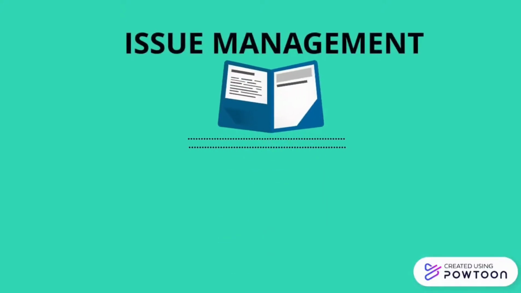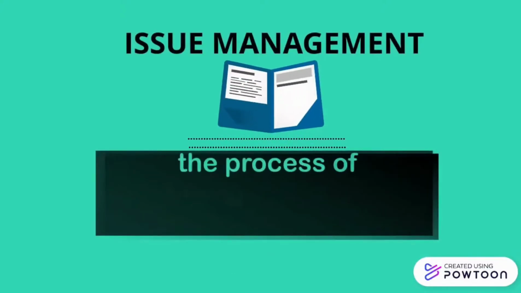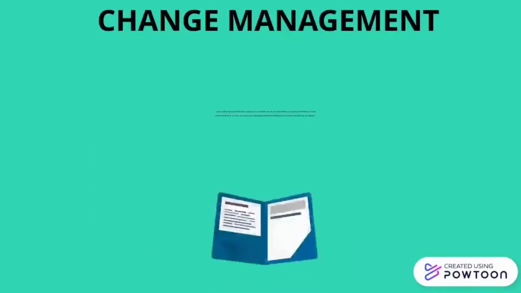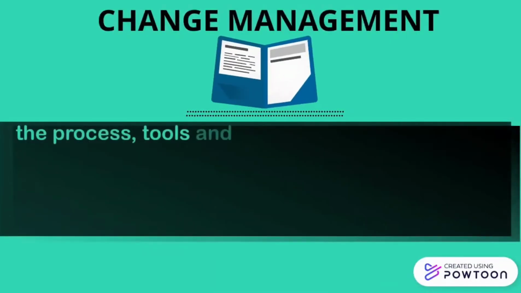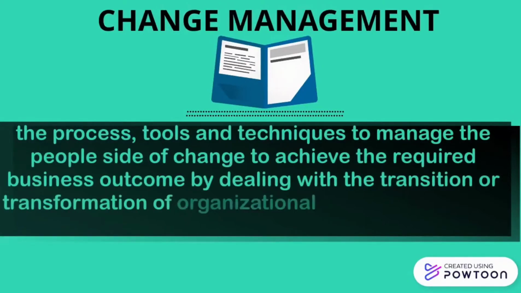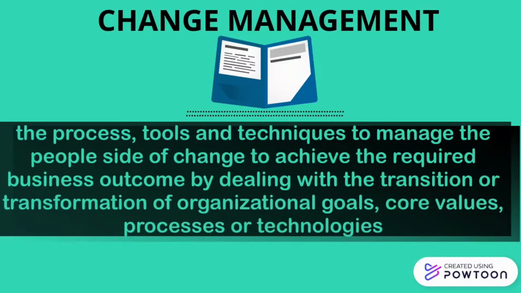The management of issues pertains to the process of identifying and resolving issues. And change management is the process, tools, and techniques to manage the people side of change to achieve the required business outcome by dealing with the transition or transformation of the organization.